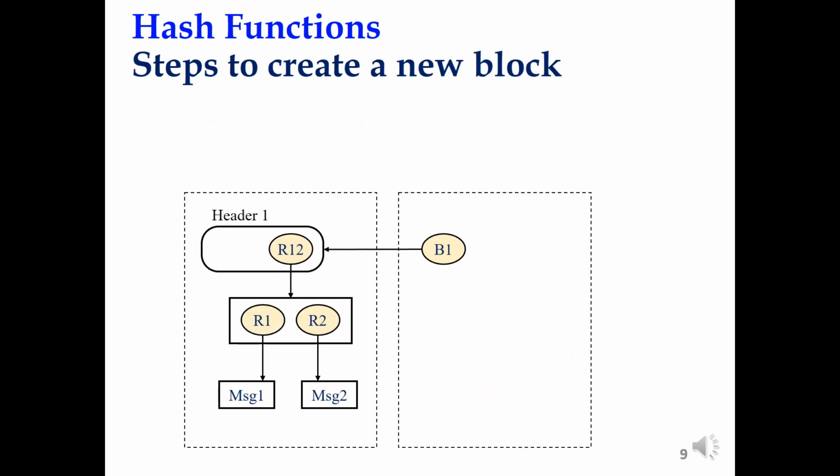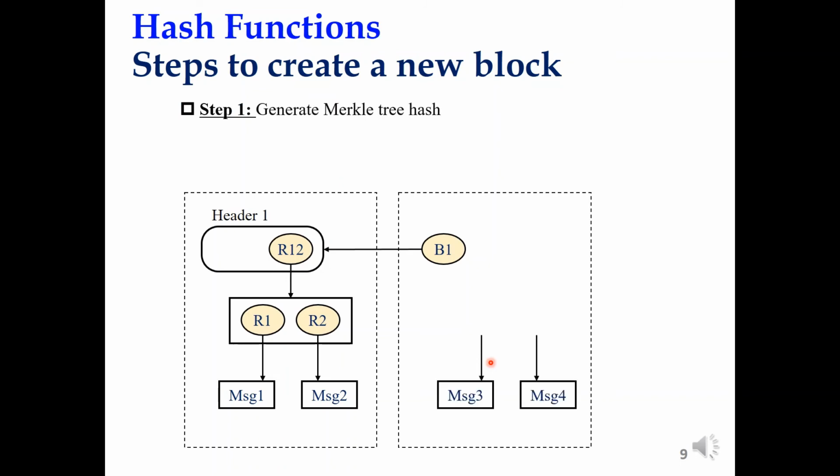What are the steps to create a new block? Basically, it follows 3 steps. In this figure, we now have block 1, and we want to create a new block, block 2, which should store messages 3 and 4. In the first step, it generates the Merkle tree hash for messages 3 and 4 to finally get the Merkle tree root hash R34.